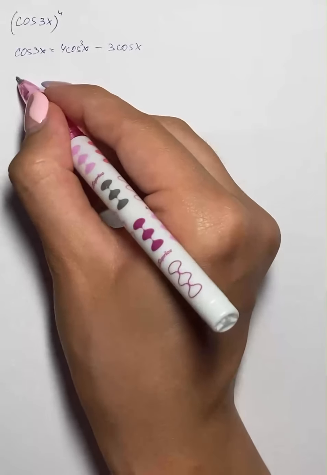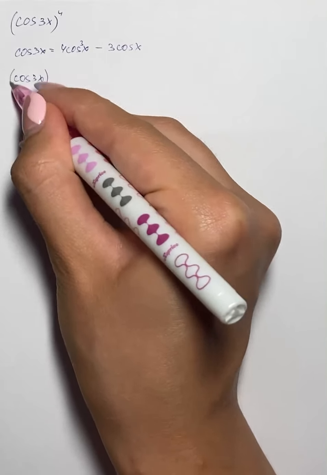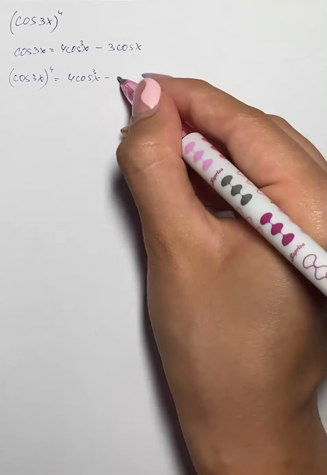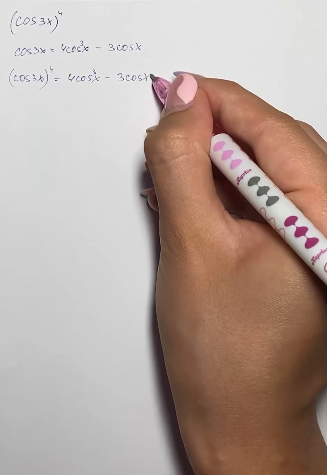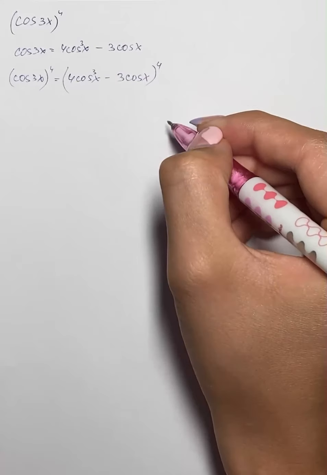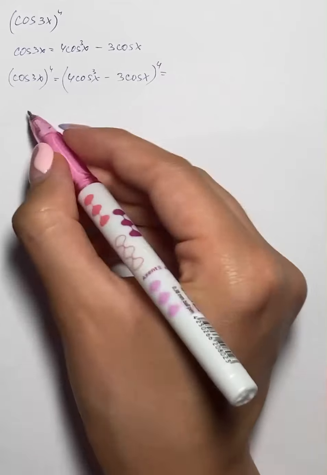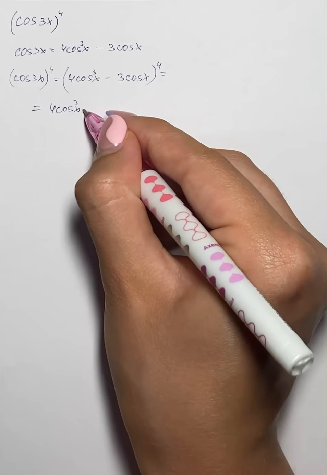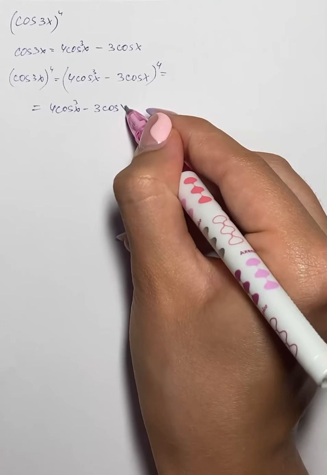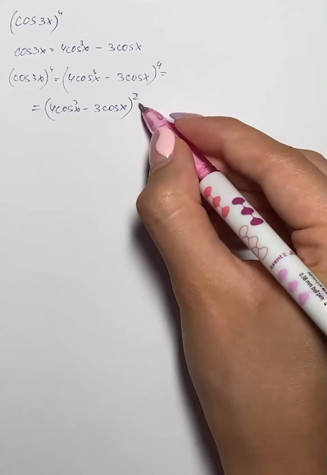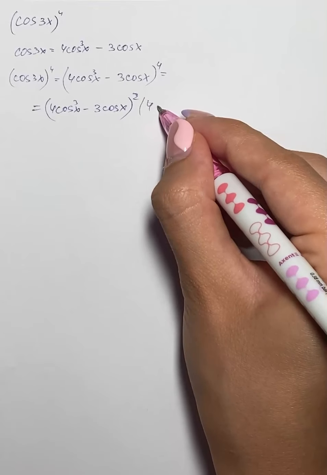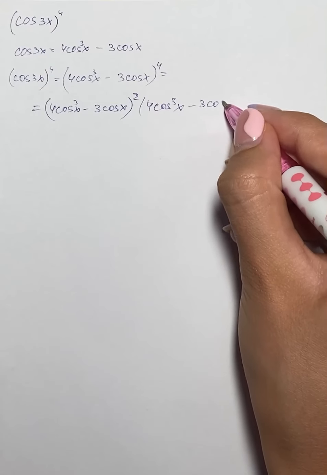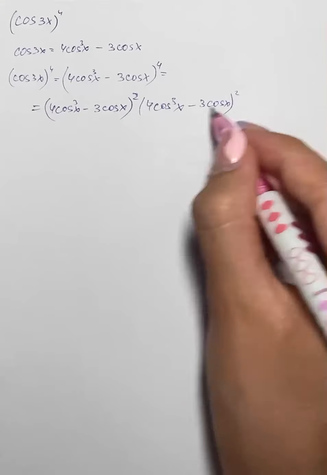So we're going to rewrite cosine of 3x to the fourth power as (4 cosine of x to the third power minus 3 cosine of x) to the fourth power, and that will be (4 cosine of x to the third power minus 3 cosine of x) squared times the same expression, (4 cosine of x to the third power minus 3 cosine of x) squared.